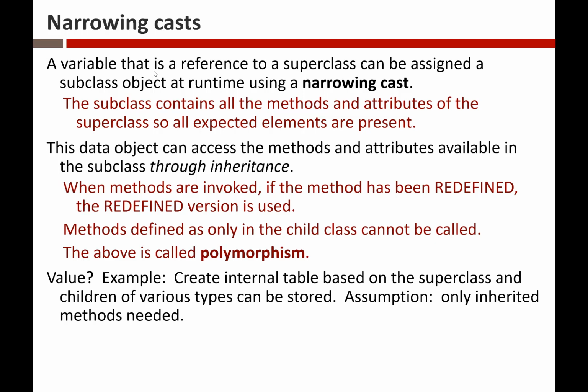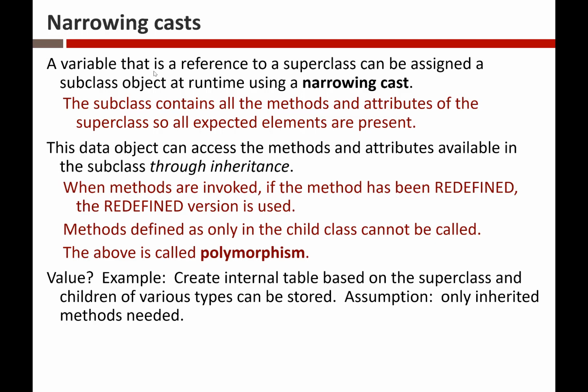And the reason we can do it is because of how ABAP implements narrowing casts, how ABAP implements polymorphism. We still have this relationship to realize that if the parent only knows about M1, M2, and M3, then I can only call those methods.